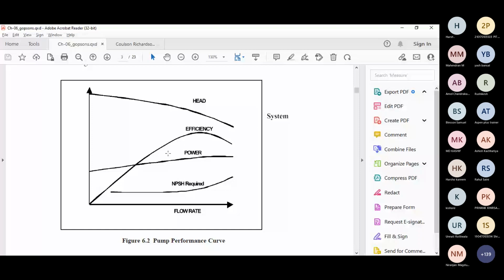Before this BEP, your frictional losses were not dominating. But after the BEP point, your frictional losses start to dominate, and because of that most of the power is utilized to overcome those frictional losses. But when we talk about the power with respect to flow rate, it is always increasing. As your flow rate keeps on increasing, your power consumption will keep on increasing.